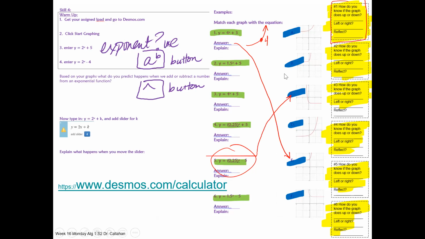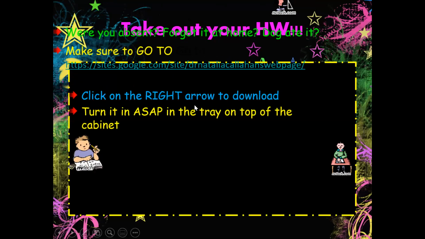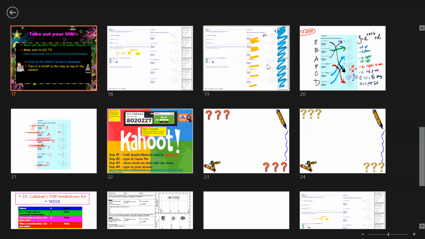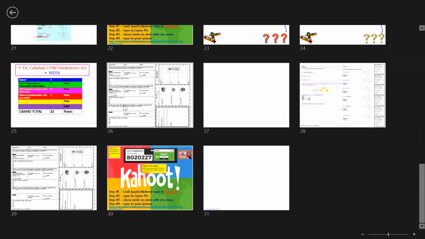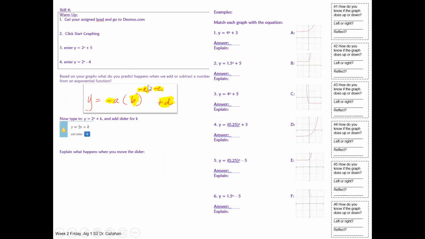So then what I want you guys to do is go ahead and practice with this. Type in number 2, 3, 4, and 6. Give it a try and see what happens to the slider as you guys are working on this. Okay, next what I would like you guys to do is to go ahead and take a look at the left side right here.